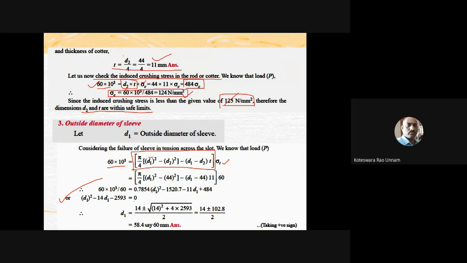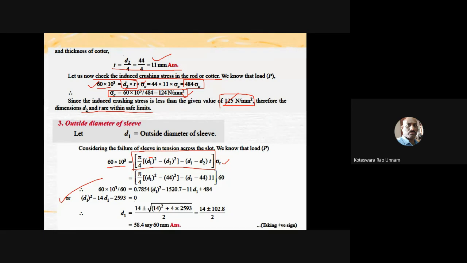Even in the case of the socketed spigot joint also, we got something like this. So always for D1, you will get a quadratic equation only. If you solve this, since it is a quadratic equation, there will be two roots. Generally you will get one positive and the other negative.